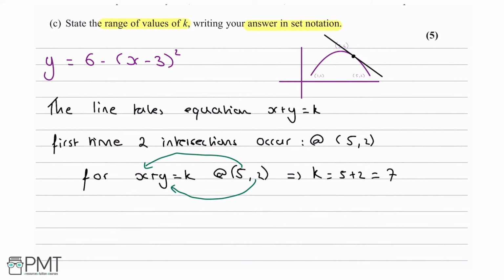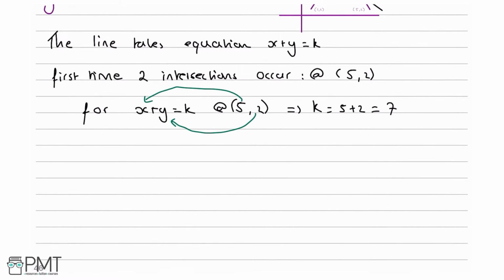Okay, and this is going to be the boundary between where there are 2 points of intersection and where it becomes a tangent. Okay. So the way we would go about this is we would say something along the lines of since x plus y equals k, y equals k minus x.